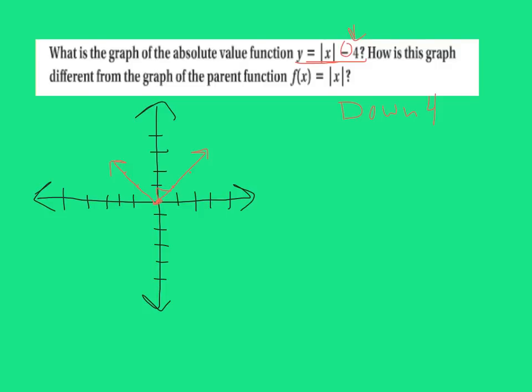Now if I go down 4, 1, 2, 3, 4, it's just changing the vertex. There's no number out in front right here, so the slope is still going to be up 1 over 1, up 1 over 1. And it's going to be the same on both sides. Remember, absolute value is a v. So this is what your graph would look like, and the explanation would be down 4.